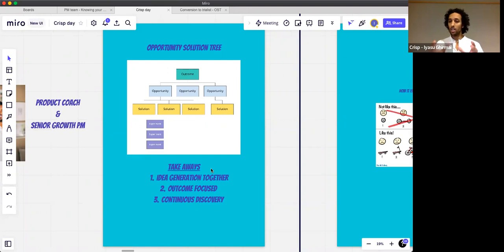It doesn't create any excluded rooms. And for everyone outside of the rooms, it's very easy to follow up to understand why are we doing this. Well, oh, okay, it's related to this, which is related to the team, company mission or whatever it might be. It's always outcome focused, not project focused, not like we're going to release this. It's like, what do we want to achieve? So you continuously discover and evolve on that.